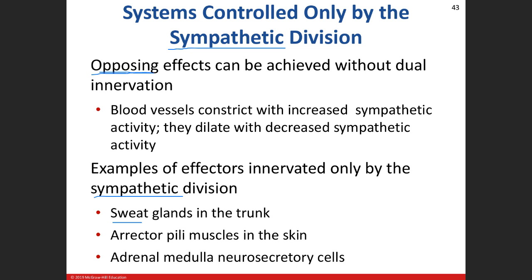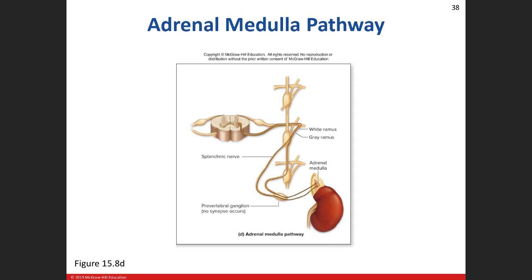If you want goosebumps, stimulate the sympathetic nervous system. If you don't, turn it off. And then finally, our adrenal medulla neurosecretory cells. Remember that last pathway we talked about last week, the adrenal medulla pathway with our preganglionic neuron.